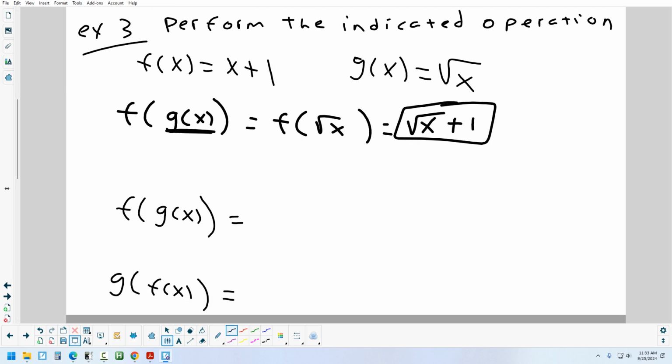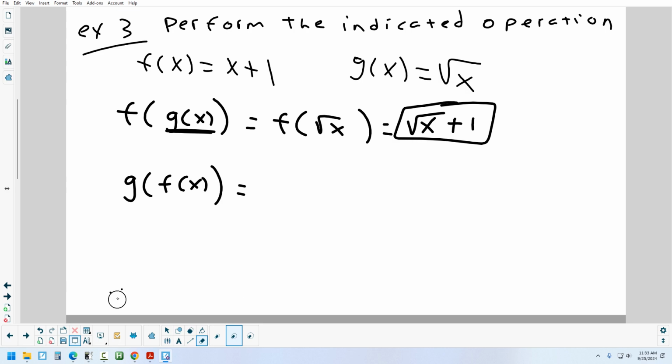All right, let's try it the other way. g of f of x. Okay. Somebody walk me through the first thing I should do.